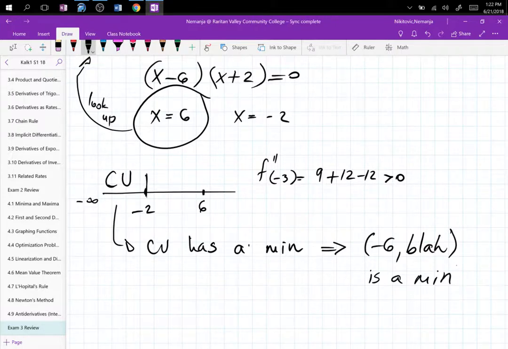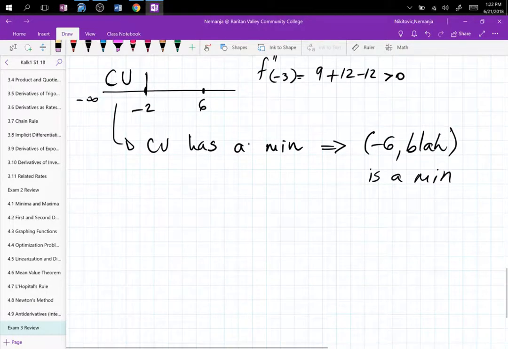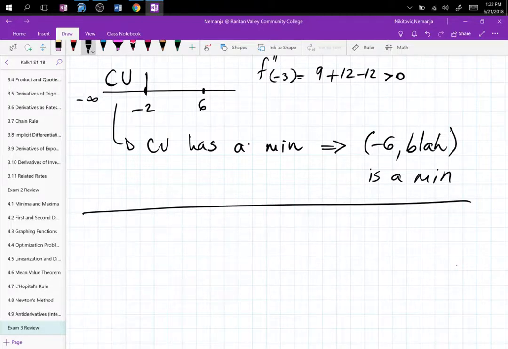You can do the first derivative test because you will get increase, decrease, right? So there's your maximum, there's your minimum. Or you will do the second derivative test where you say that, okay, on this interval I have concave up. Concave up looks like a U that has a minimum, right? So that's that. So that was a good problem. That was a winner.